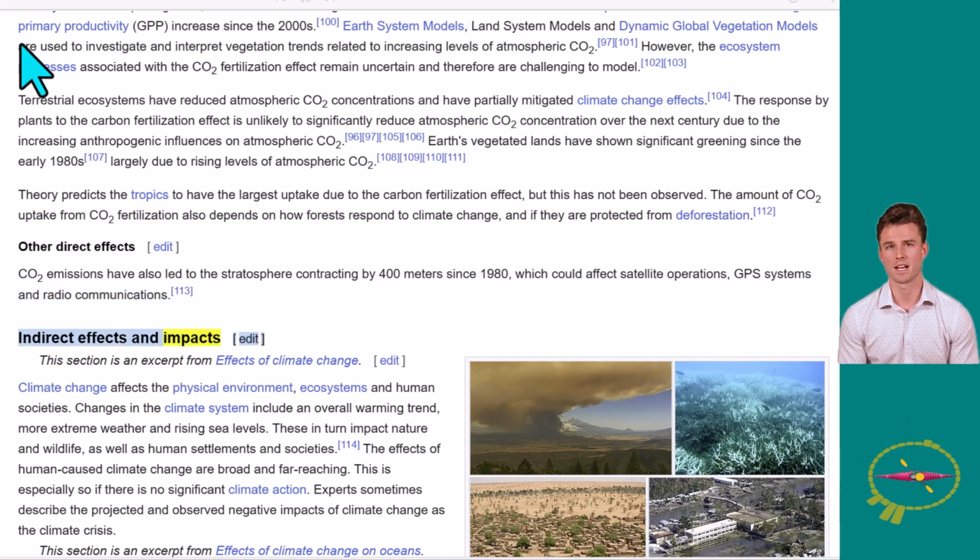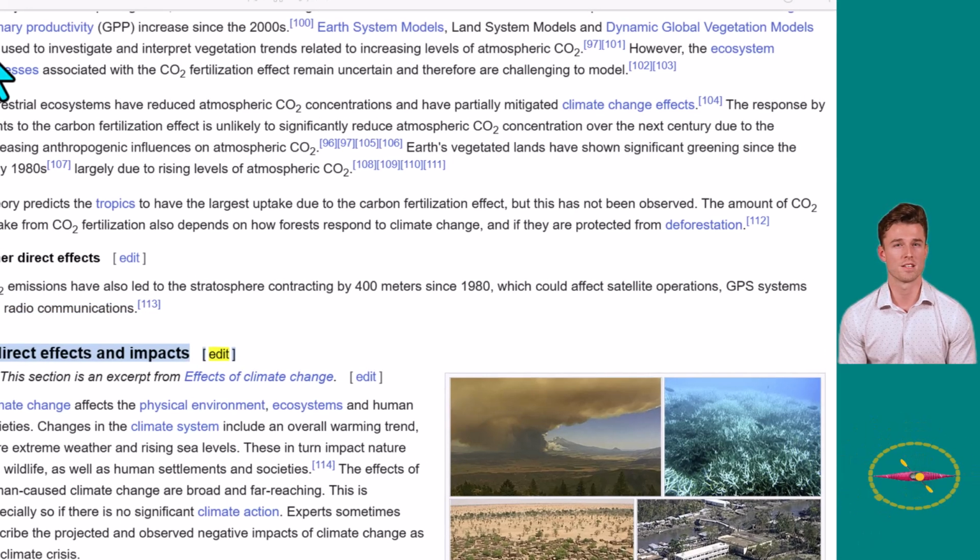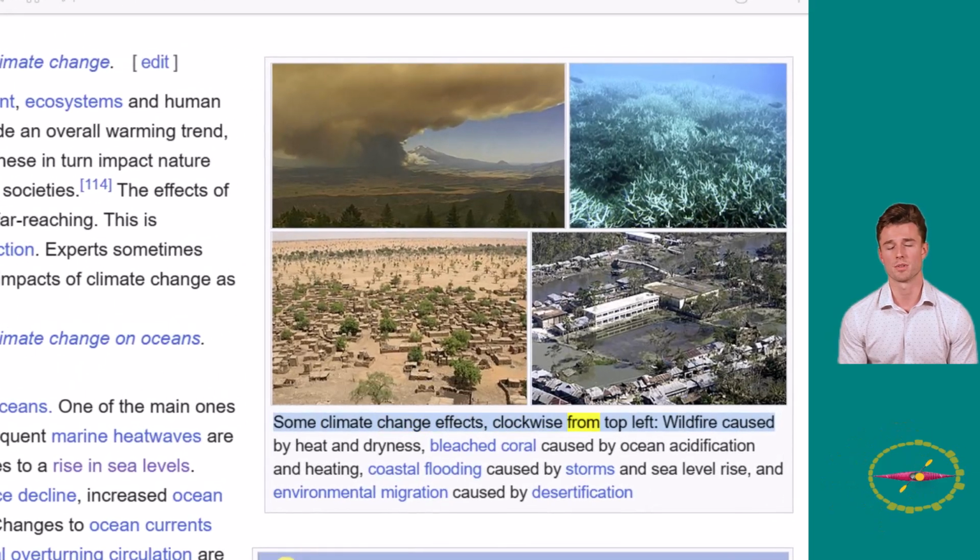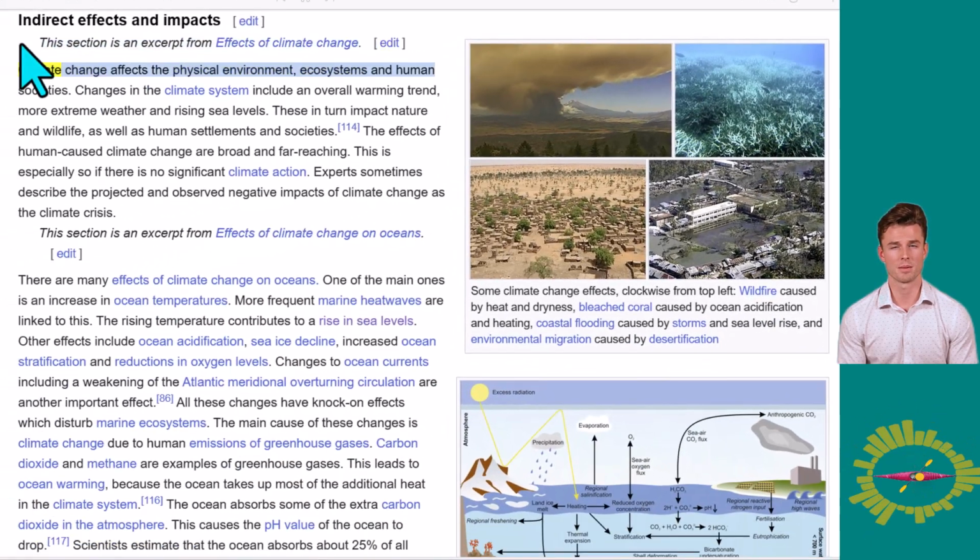Indirect effects and impacts. Some climate change effects, clockwise from top left: wildfire caused by heat and dryness, bleached coral caused by ocean acidification and heating, coastal flooding caused by storms and sea level rise, and environmental migration caused by desertification. Climate change affects the physical environment, ecosystems, and human societies.